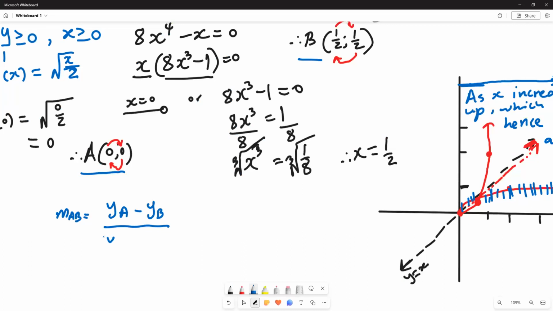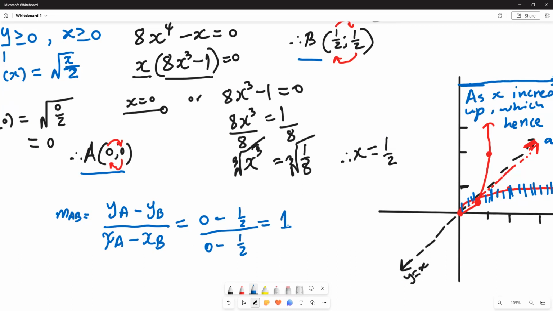And then here I'm going to have x on A. If I started with A here, I must start with A and then x on B. y on A is 0 minus y on B, which is half, all over x on A, which is 0, minus x on B, which is half. So here my answer will be 1.